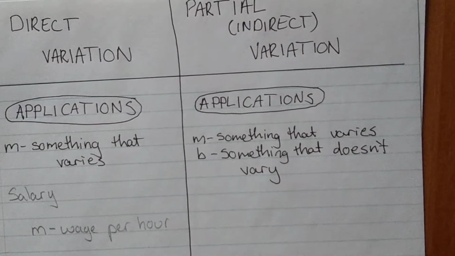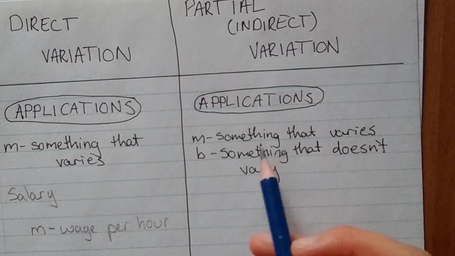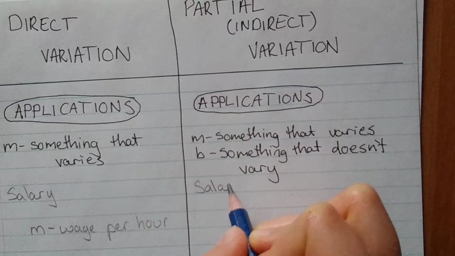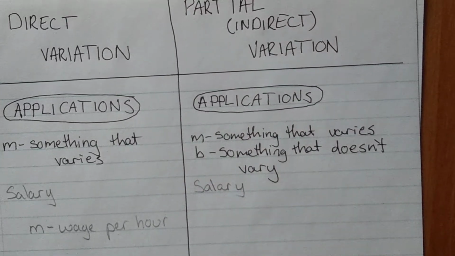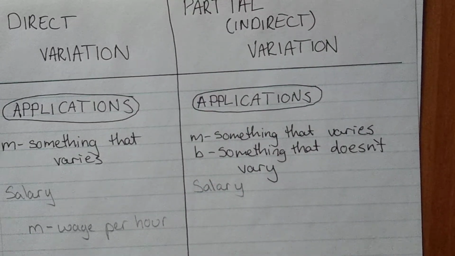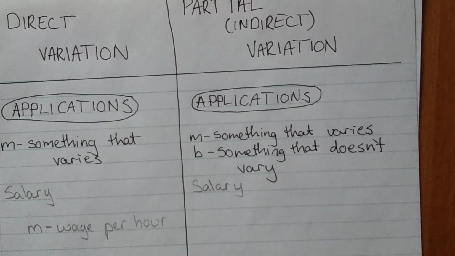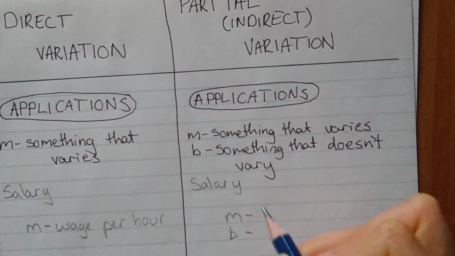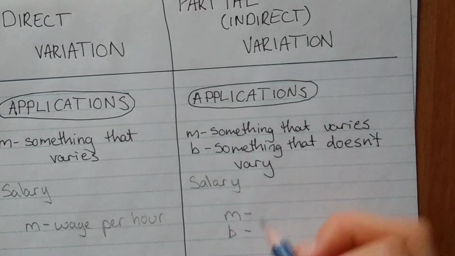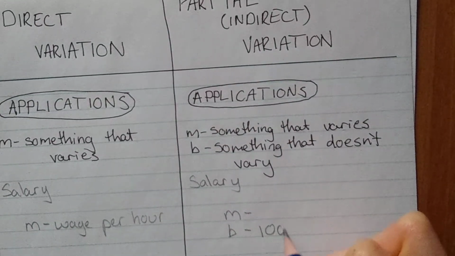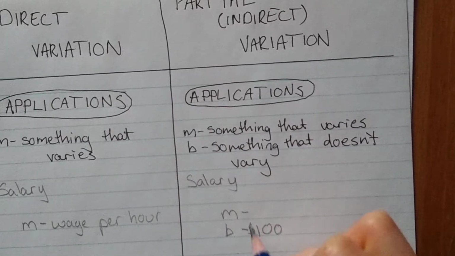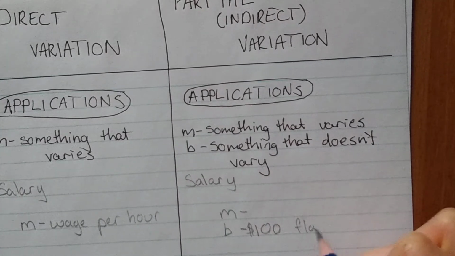With indirect variation, you have something that varies, but you also have something that doesn't vary. So this could be maybe the job that you're working, you charge a flat rate. So let's say you charge $100 maybe to do yard work, but this is just an example.